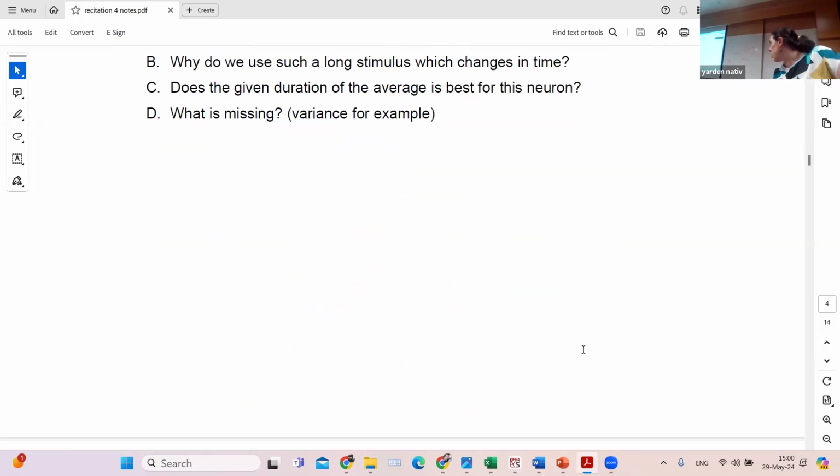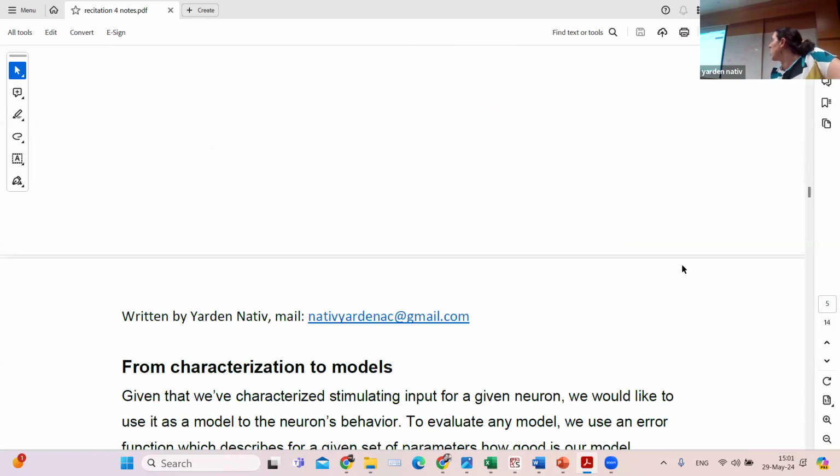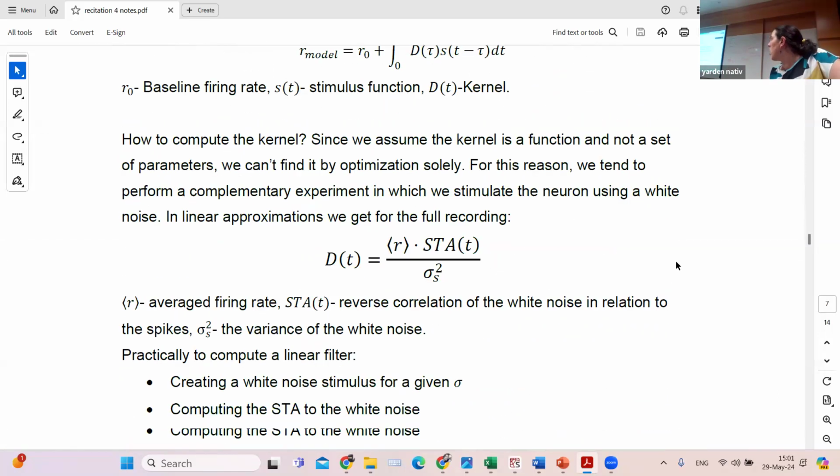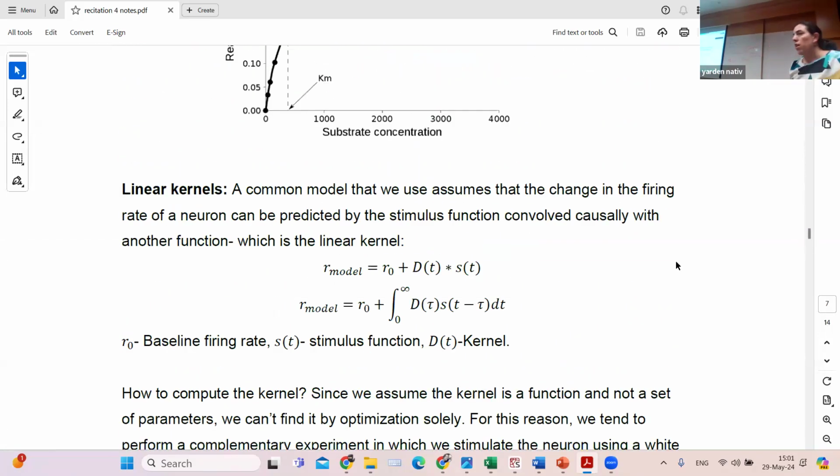So we have a model that is called linear kernels. And this says the following. It says that the neuron response is given by the baseline response plus a function convolved with the stimulus.